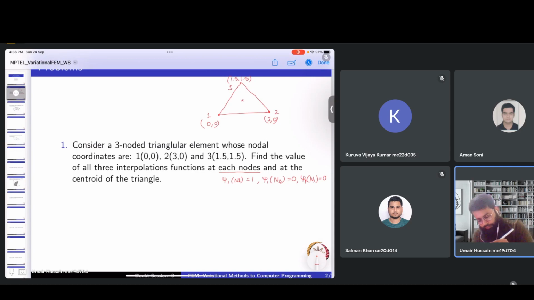Okay, so how do we go about this? Here the solution should be a0 plus a1 x plus a2 y, and it should also be equal to u1 psi 1 plus u2 psi 2 plus u3 psi 3.